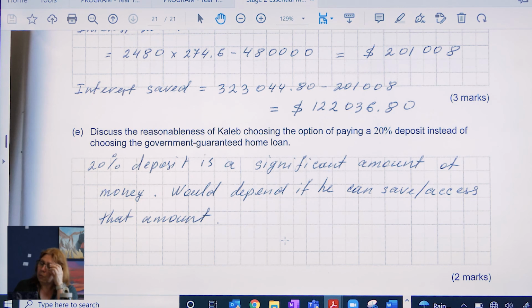Some students put other discussions, saying that by saving 20%, the loan will be repaid earlier, all that. But here we are not looking at what will happen with the loan, we are looking at how reasonable it is to have this 20%. And if they say he's in a good position, getting like $1 million per year, it's nothing wrong, so he can save, it's fine.